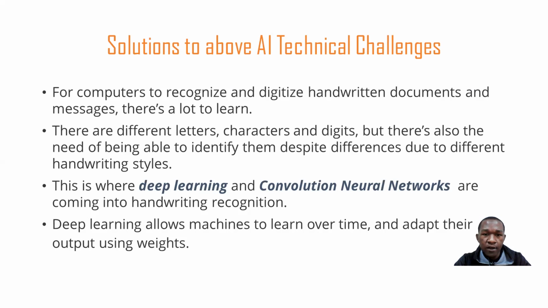However many challenges you cite, we cannot say that our system will fail because of them. No, we have to find a way of alleviating them. And this is where we are deploying deep learning and convolution neural networks. Deep learning allows machines to learn over time and adapt their output using weights.